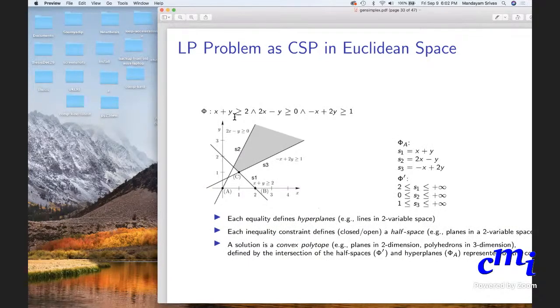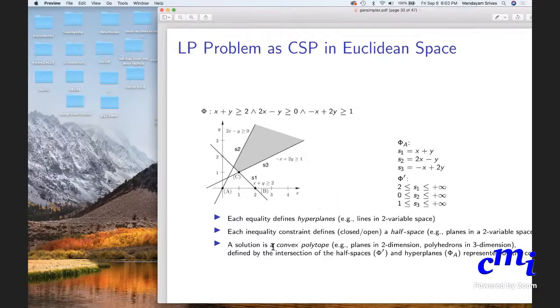So for example, x plus y greater than or equal to 2 is the region above the line s1. Similarly, the inequality 2x minus y greater than or equal to 0 gives the region below the line s2, and similarly for the third constraint.